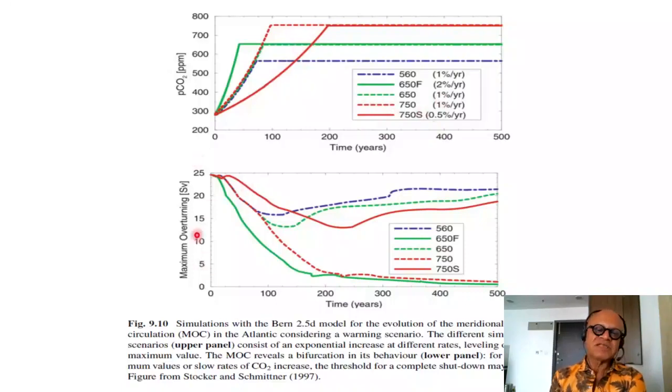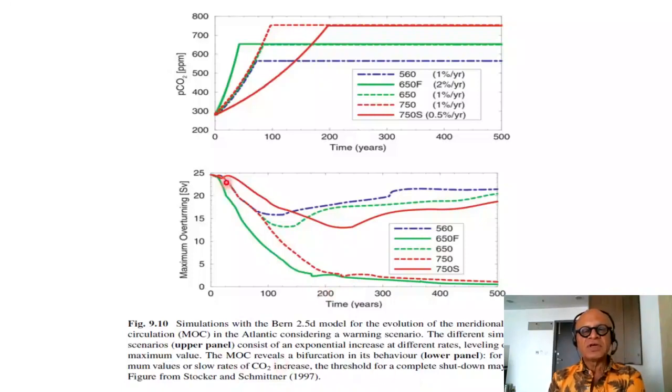And if you look at the maximum overturning in Sverdrups in these simulations, the different simplified CO2 scenarios consist of an exponential increase at different rates, leveling off at a given maximum value. The MOC reveals a bifurcation in its behavior, as you can see here, for small maximum values or slow rates of CO2 increase. The threshold for a complete shutdown may be avoided.